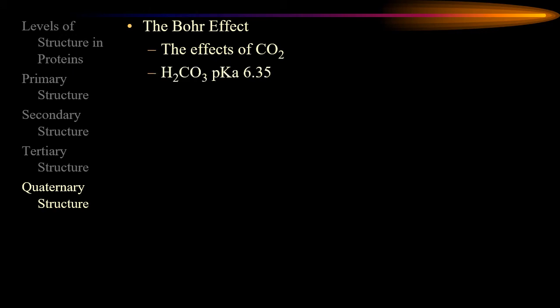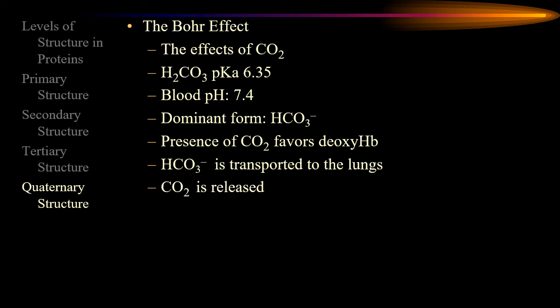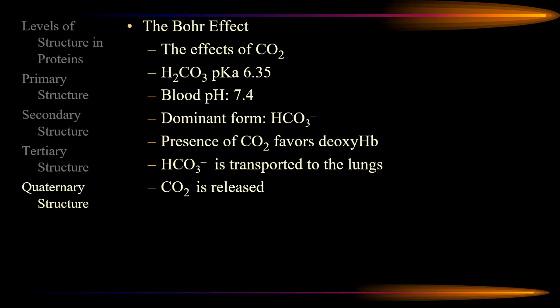Carbon dioxide: reminder, pKa is 6.35. Blood pH is about 7.4. So normally it's deprotonated, and the dominant form is bicarbonate. So the presence of carbon dioxide actually favors the deoxyhemoglobin. As I mentioned earlier, the bicarbonate is transported to the lungs, and then in the lungs, the carbon dioxide is released.